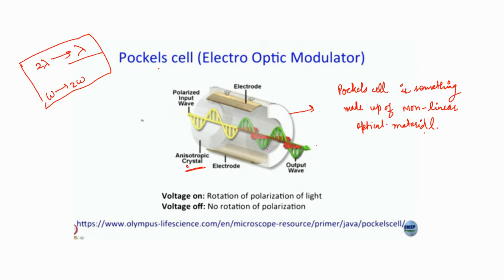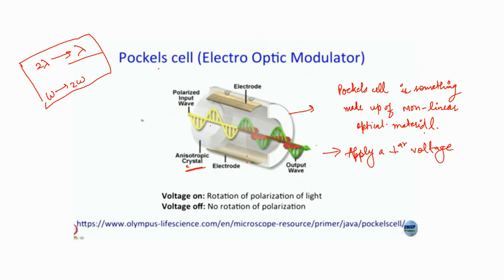When you pass polarized light, it goes straight as the output, but this does not happen if you apply a voltage perpendicular to it. So the second thing they did was apply a perpendicular voltage.